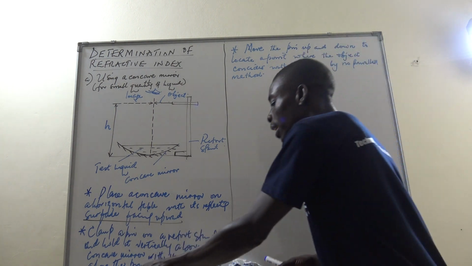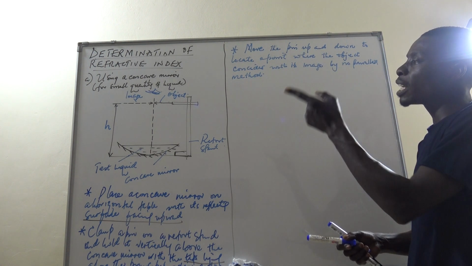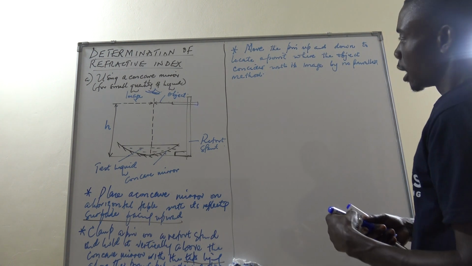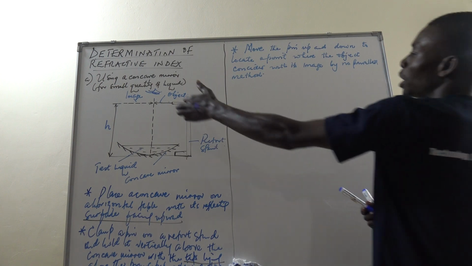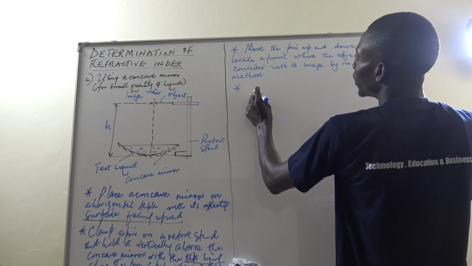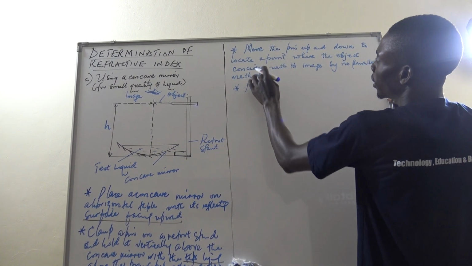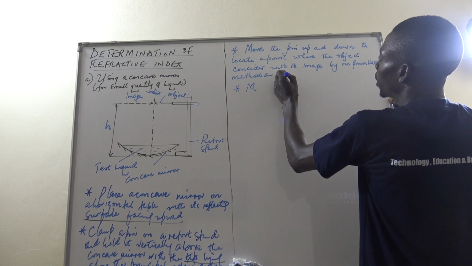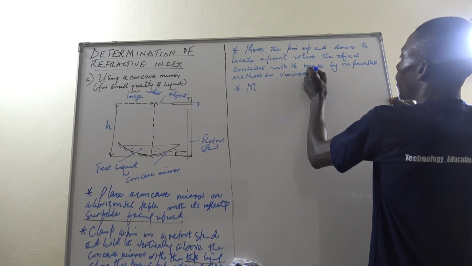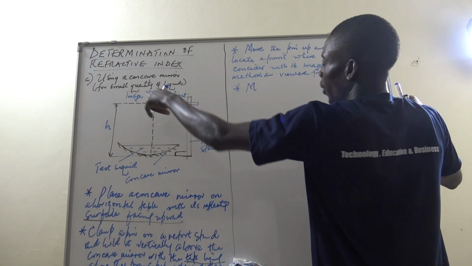Move it up and down until it is seen to be coinciding, as viewed from above.